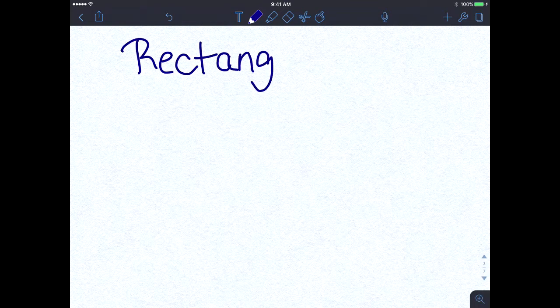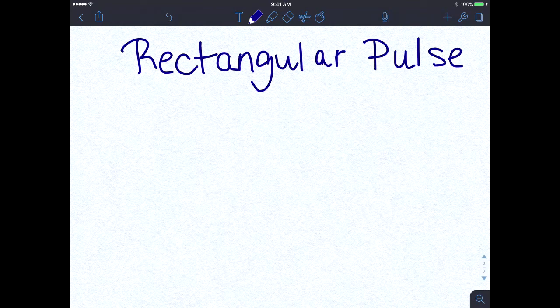Now, the next elementary signal that will be discussed is the rectangular pulse. The rectangular pulse is a fairly simple elementary signal, but in all honesty, most of them are fairly simple, which is why we use them.